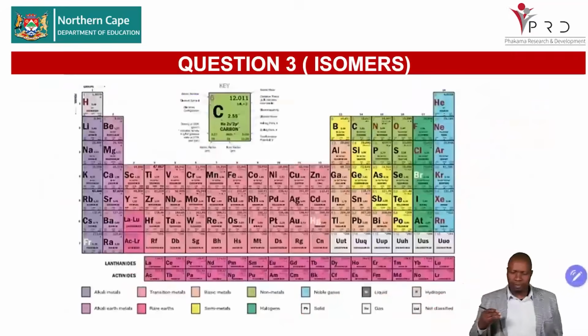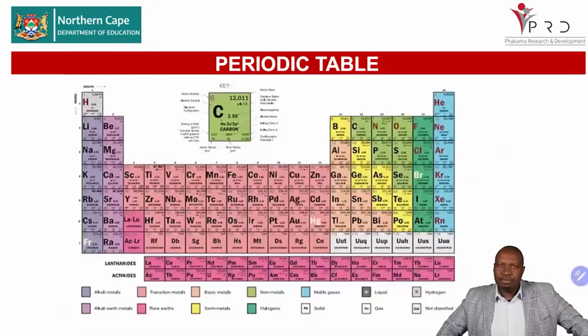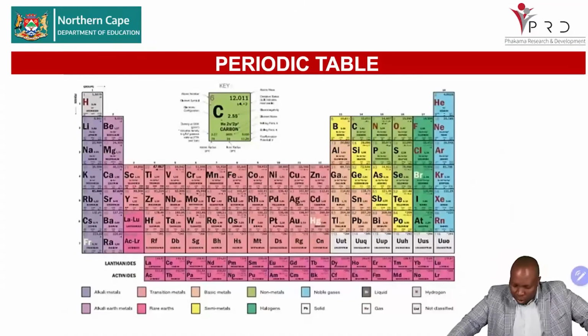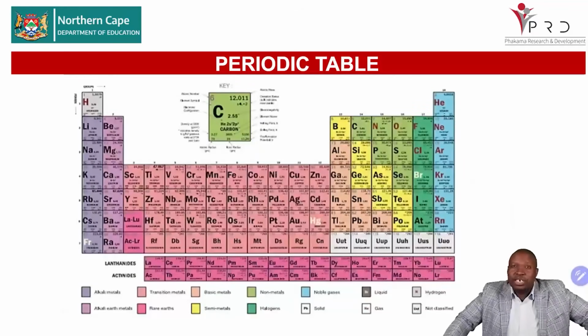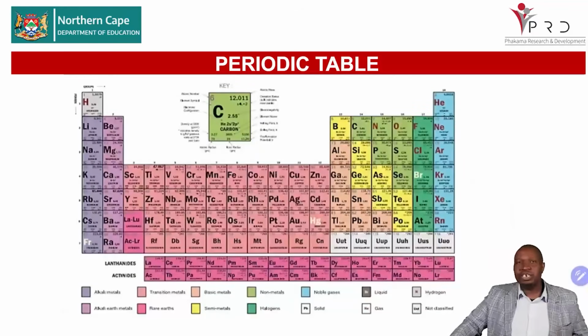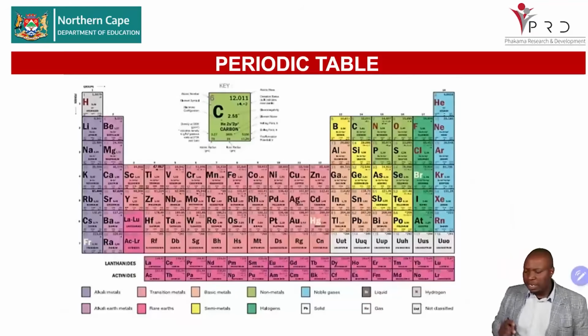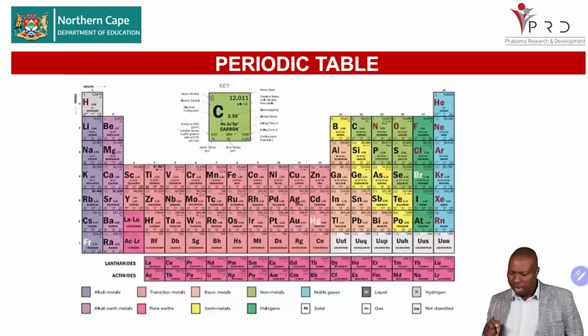As we move on, the whole of chemistry is based on this one called the periodic table. You must treasure the periodic table, it is everything that we need. I wanted to indicate to yourselves, remember we talked about substituents like fluoro, chloro, bromo, and iodo.